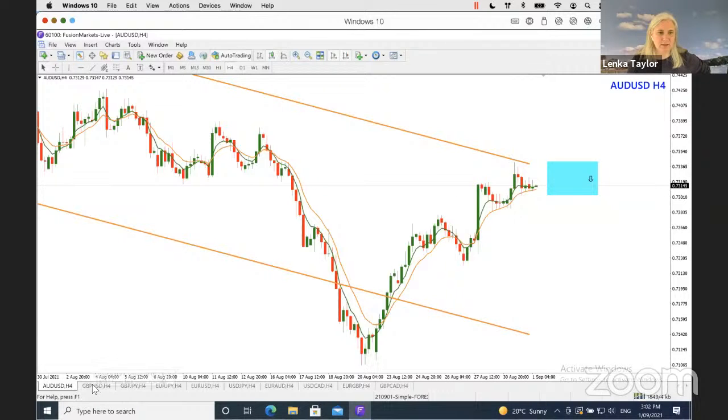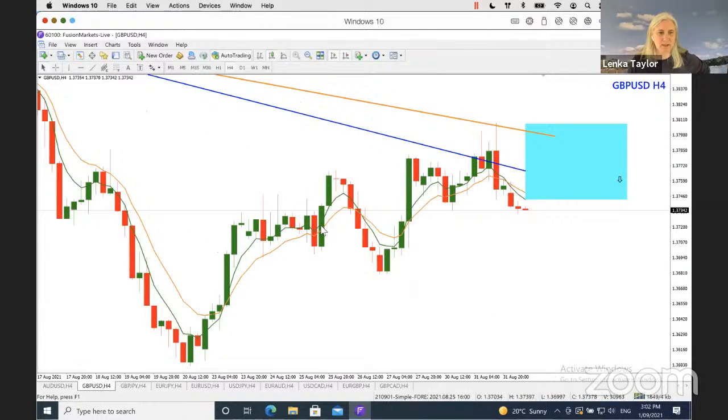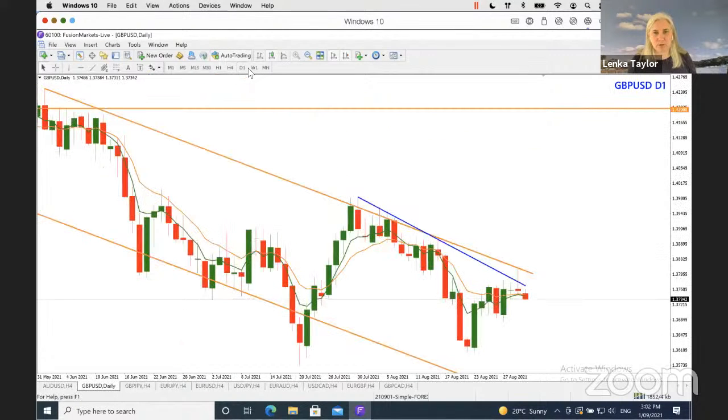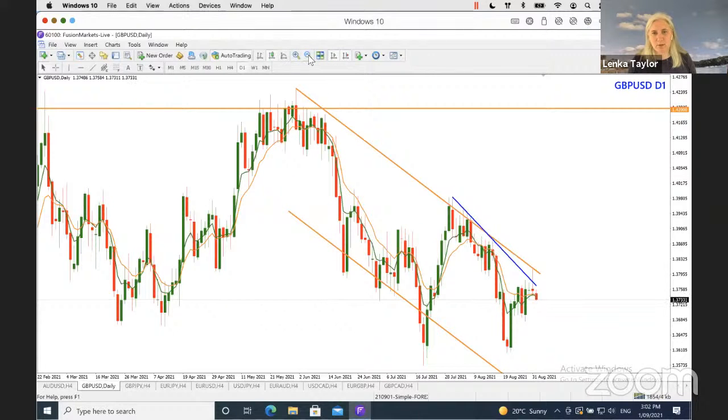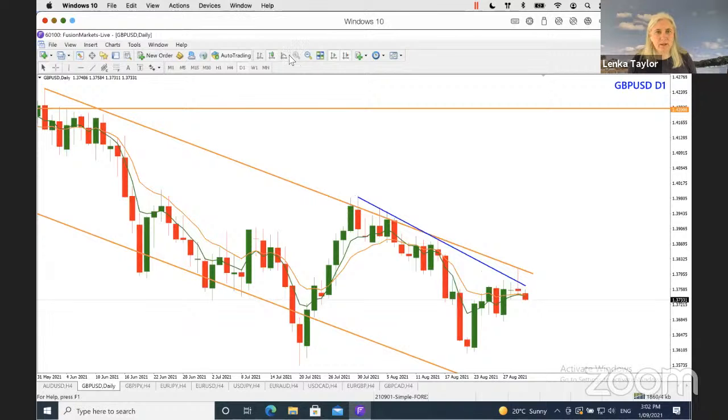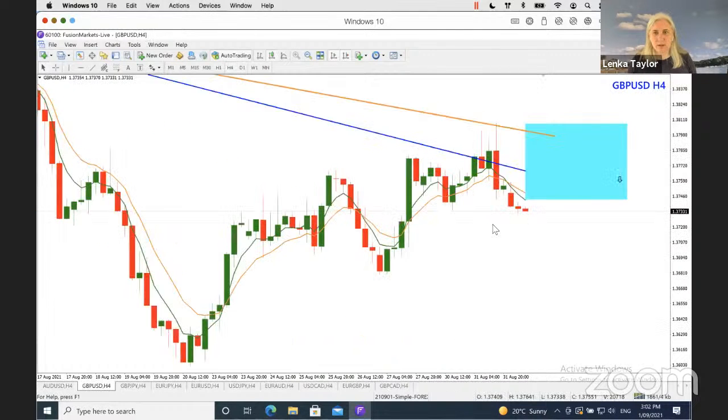All right, the next currency pair I'm going to have a look at is GBPUSD. I'm also looking for a short. We're still within that channel going downwards. With this one, there is not quite enough room. This big candle would have been a possible entry point, but I thought it was quite big.